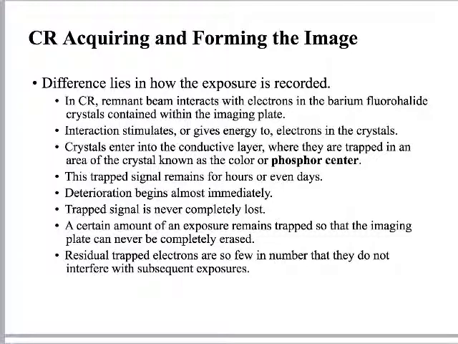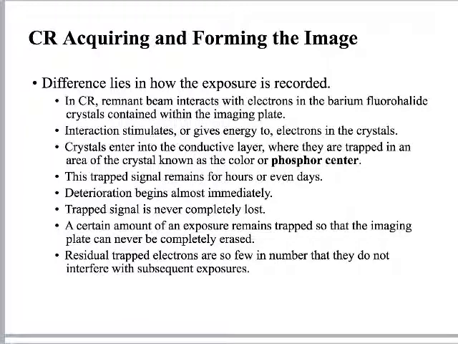In CR, the remnant beam, the part that's exiting the patient, the place where the subject contrast lives, right? So the remnant beam, the part of the X-ray beam exiting the patient, interacts with electrons in the barium fluorohalide, so it ionizes the electrons there, right?